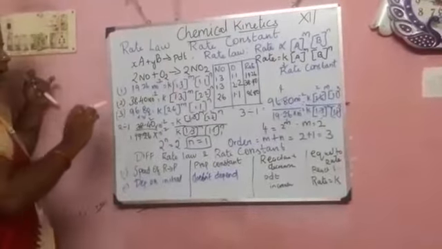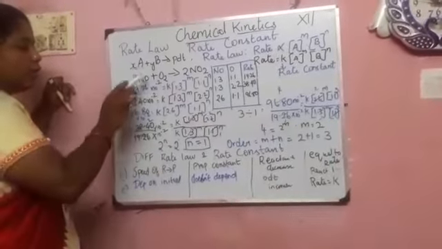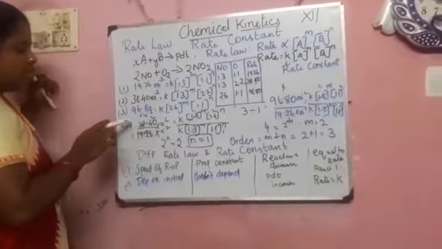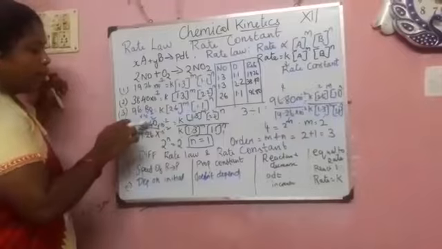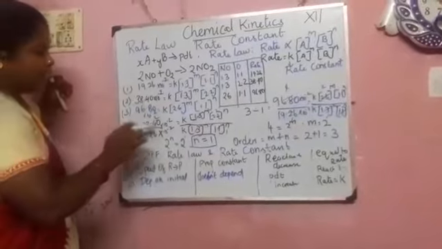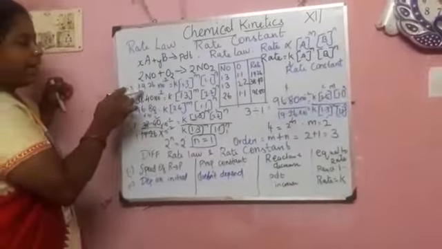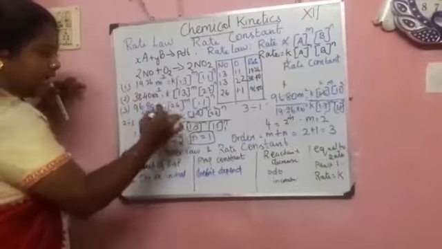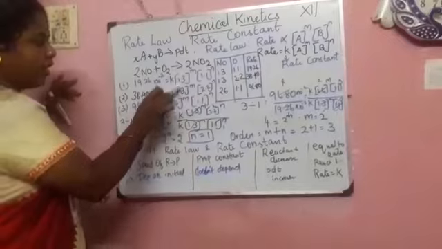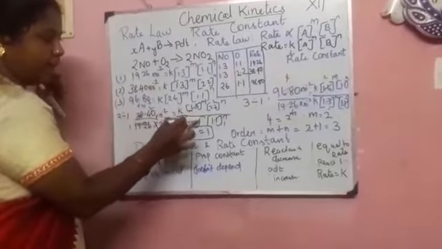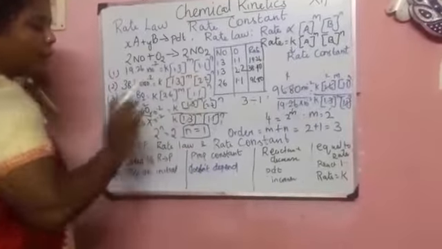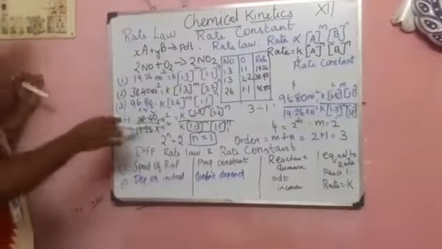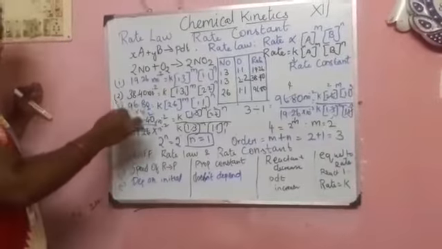Now we divide equation 2 by equation 1. The rate for equation 2 is 38.40 into 10 to the power of minus 2, divided by, for equation 1, 19.26 into 10 to the power of minus 2, equal to K the same, and here 1.3, here also 1.3 for M, and for N, 2.2 and 1.1. Let's cancel. Here the ratio is about 2 times.